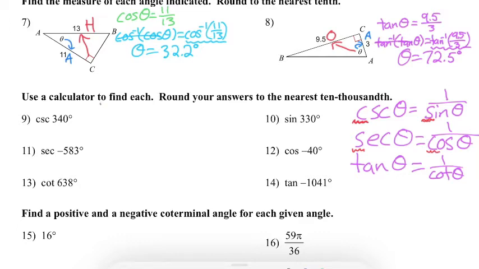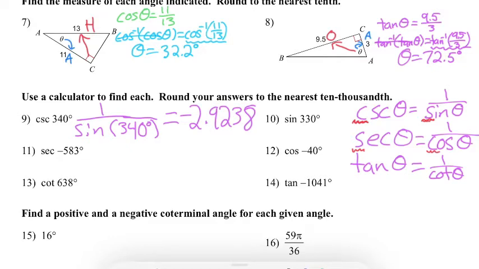Number 9 would be 1 over sine of 340 degrees, and you will get negative 2.9238. 11, you would change it to 1 over cosine of negative 583 degrees, and you would get negative 1.3673.